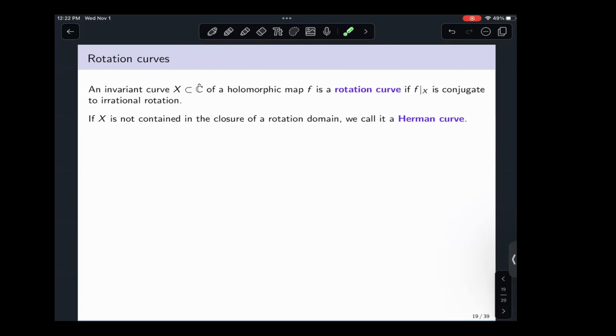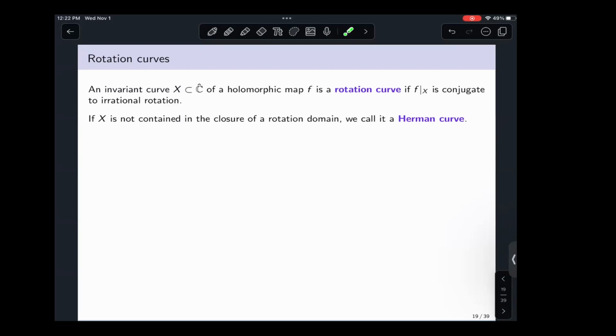So instead of talking about rotation domains, I can talk about rotation curves instead. So the idea is similar. I have an invariant curve on which the map is conjugate to irrational rotation. So we have a Jordan curve, and then f just acts as an irrational rotation.